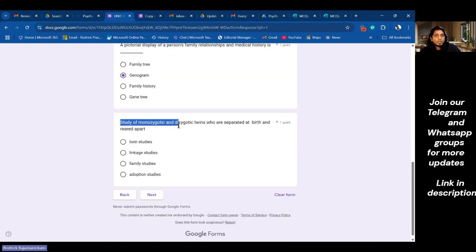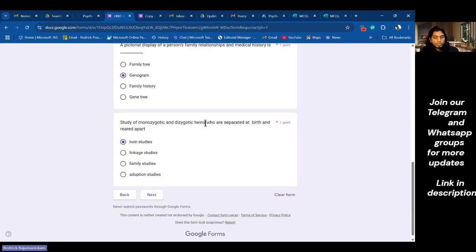And lastly, we have study of monozygotic and dizygotic twins who are separated at birth and reared apart. Okay, so this is not twin studies because they're not just comparing monozygotic and dizygotic twins.